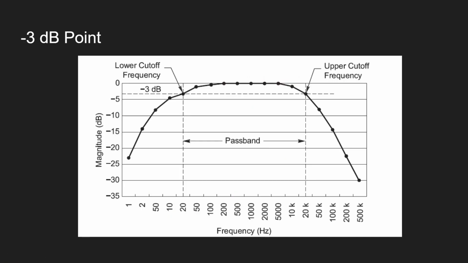At the negative 3 dB points, we call it the cut-off frequency. Even though there are still some signals here, we don't care. We only care about negative 3 dB, upper and lower. Even though some signals may go through, we just ignore them, because the power is already halved here.